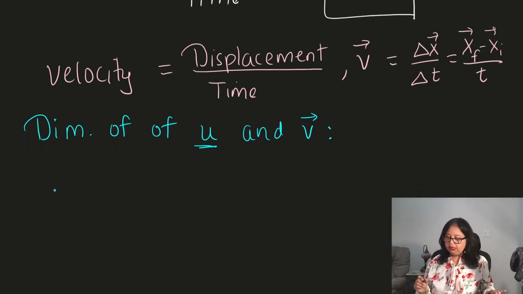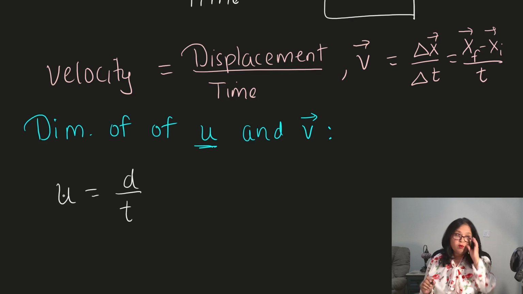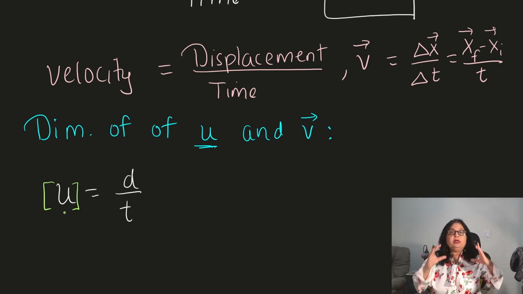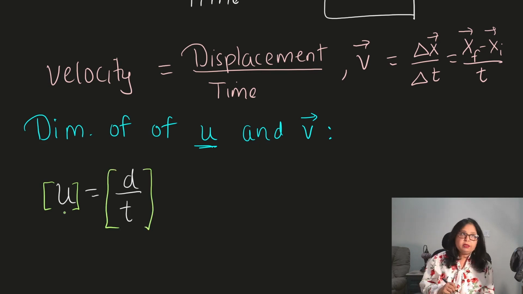To get the dimensional formula for speed u, I'm going to write down the formula for u here. What do I want to determine? I want to figure out the dimensional formula. To represent that, what do you write? You write the quantity within the square brackets. And that's exactly what I did here on the left-hand side. Whatever you do to the left side, you have to do to the right side of the equation. Here you go. Correct?